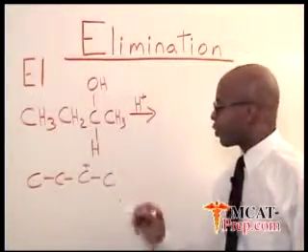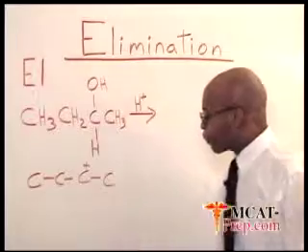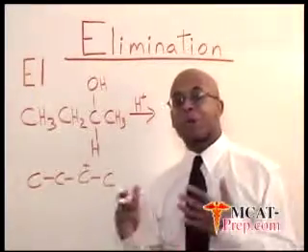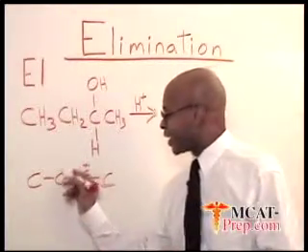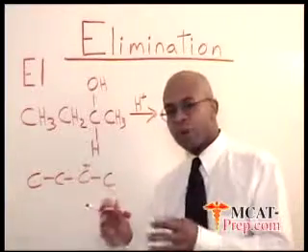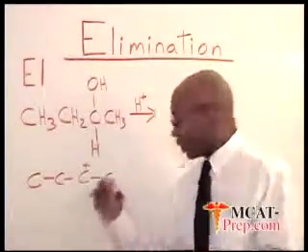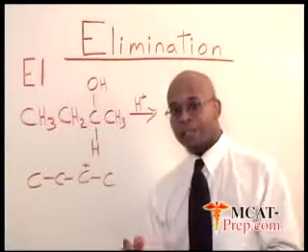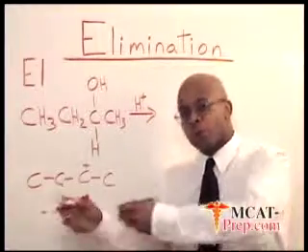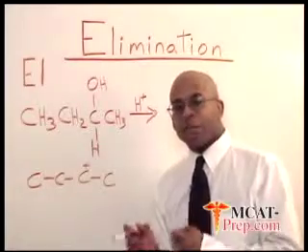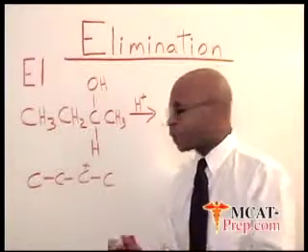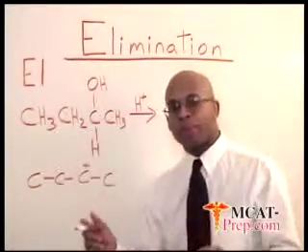This is the first part of the reaction, but here is where it becomes a little bit more interesting, and that is because we saw already that the positively charged carbon, here is a secondary carbocation, the positively charged carbon will withdraw electrons to itself, forming a double bond, and it would take electrons from neighboring hydrogens.